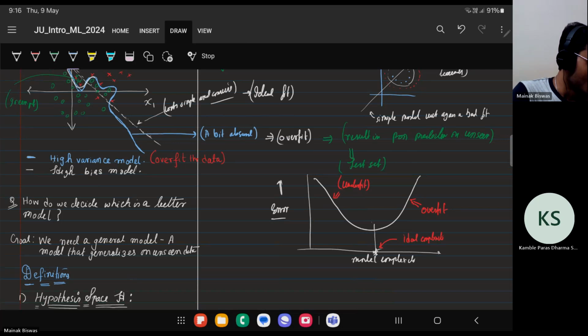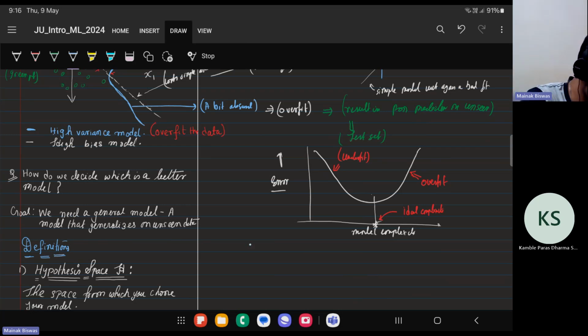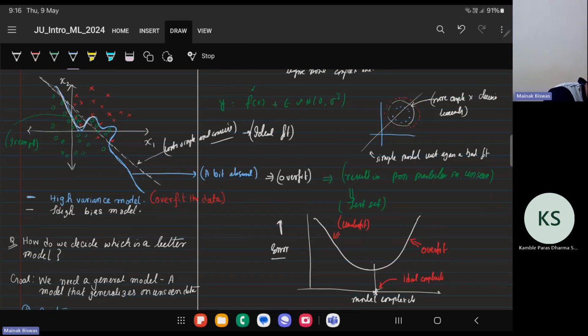Good. But how do you understand which model is better? You do that by seeing it on a test set. As I told you, your training set can be here, but you may sample circles more often here than any red points on the test set. In the test set, the model has not seen those test points.